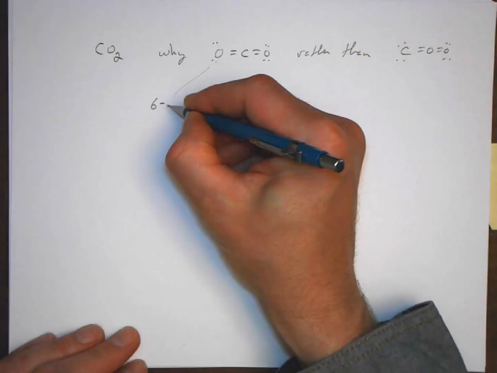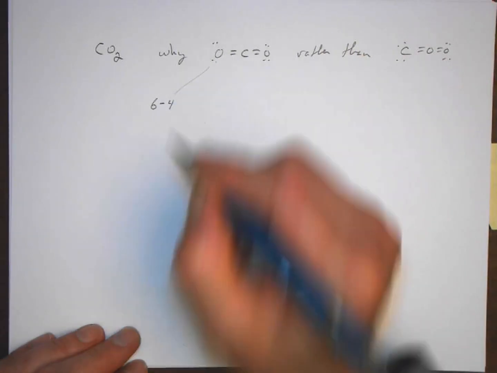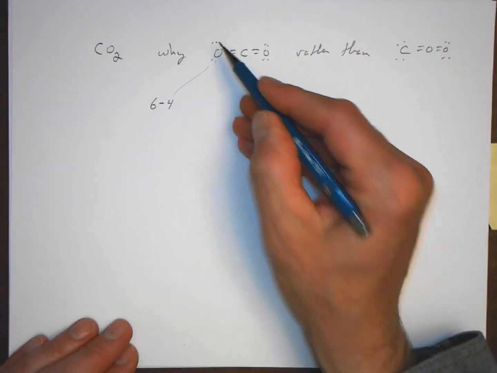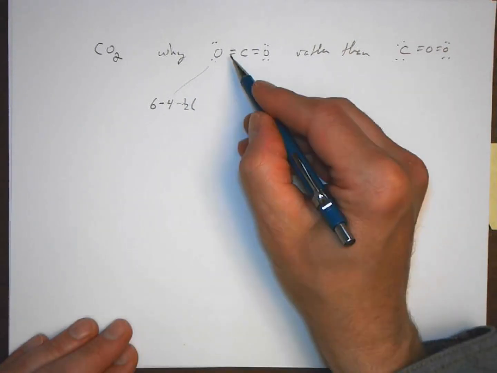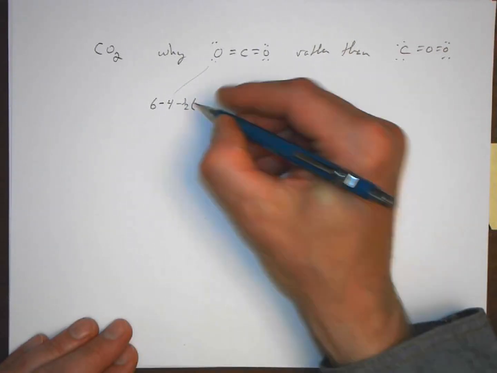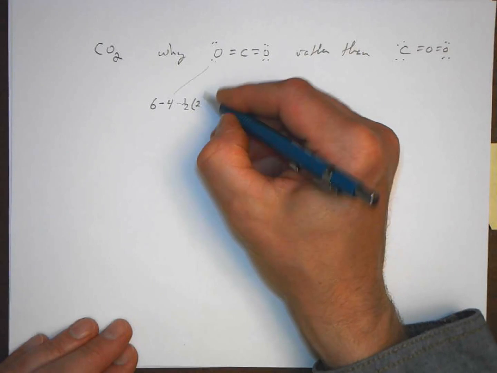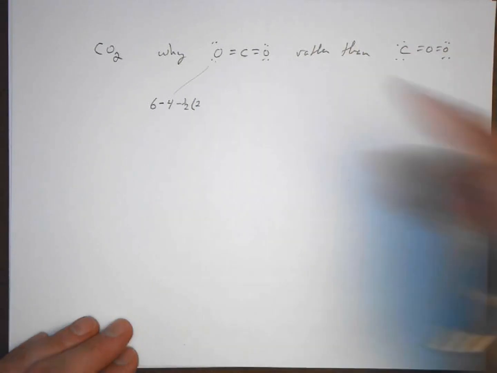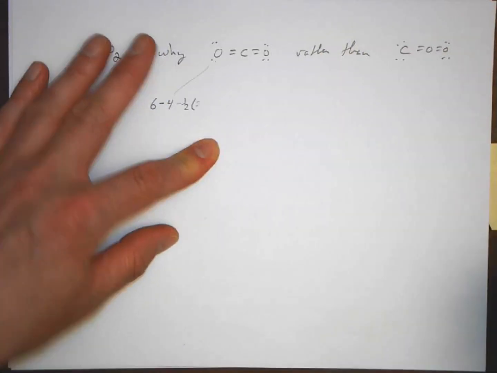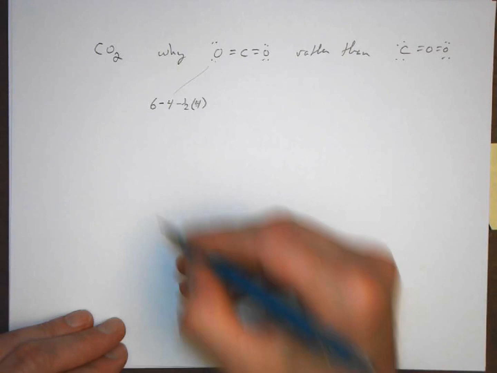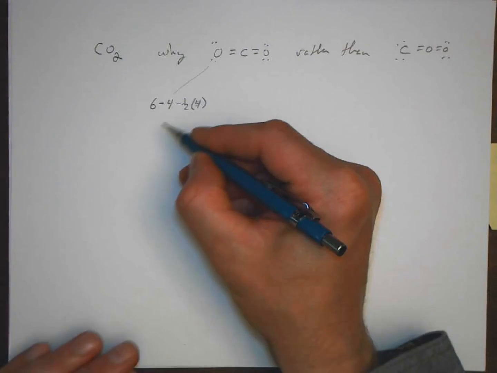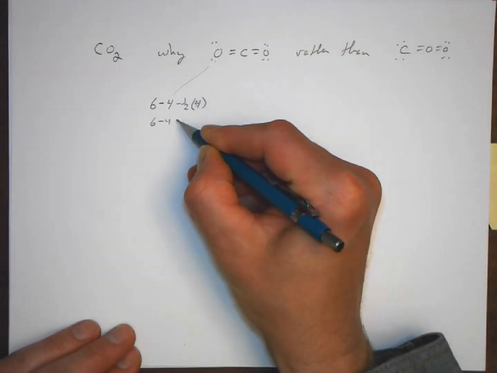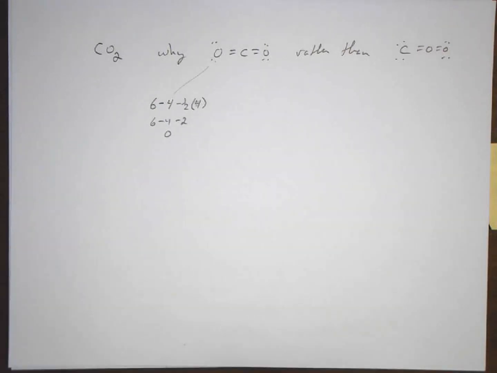There are 4 non-bonding electrons around that oxygen, minus half of the number of bonding electrons, which is 4, so minus 2. Our formal charge on this oxygen, 6 minus 4 minus 2, is going to be 0.